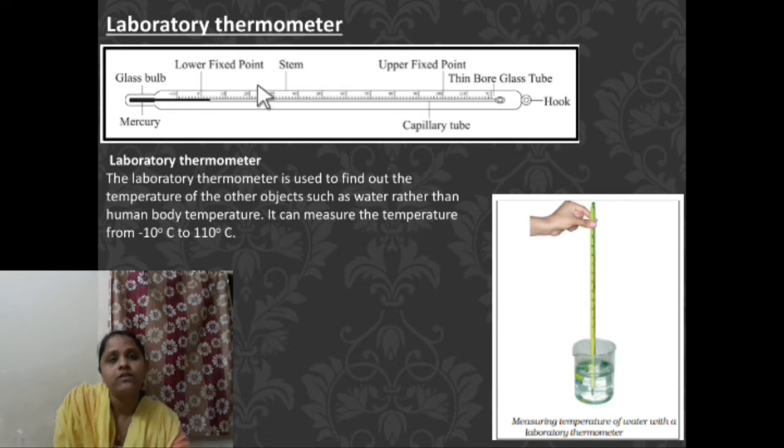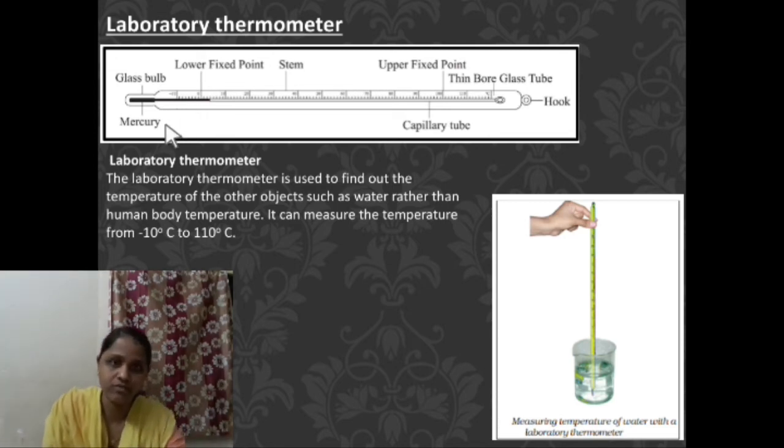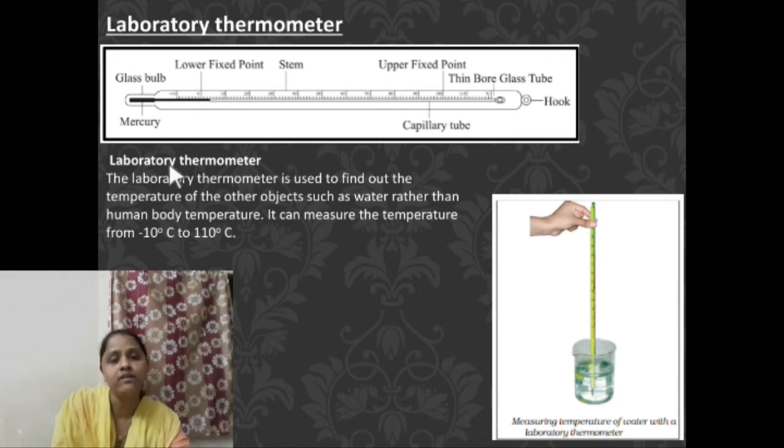Here also there are different parts of the laboratory thermometer, and for laboratory thermometers we use two types: the mercury thermometer and the alcohol thermometer. Here also one glass bulb is present, a lower fixed point is there, an upper fixed point is there, and this type of thermometer is also made of glass tube. This is the second type of thermometer.